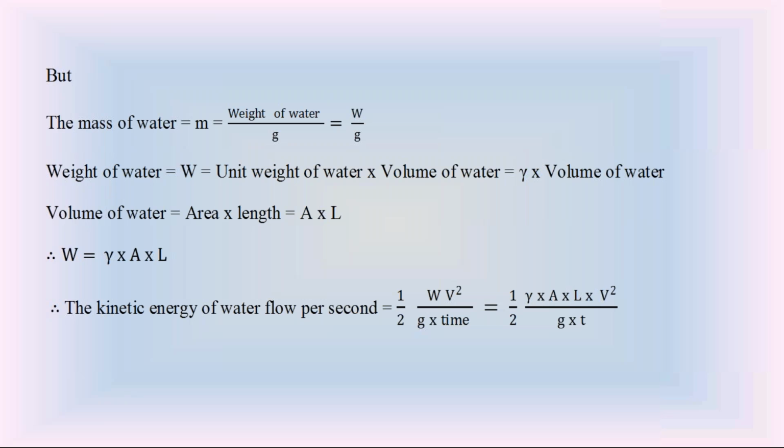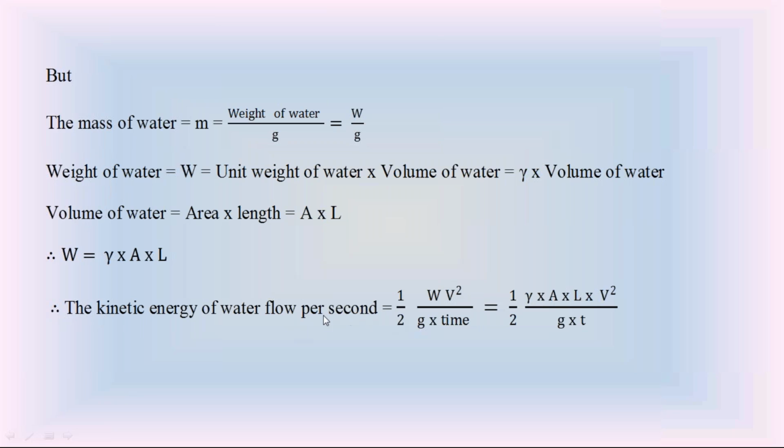That is the kinetic energy of water flow per second in the open channel. But mass m is equal to weight divided by acceleration due to gravity, and weight W is equal to unit weight into area into length L. So I am modifying this equation carefully.